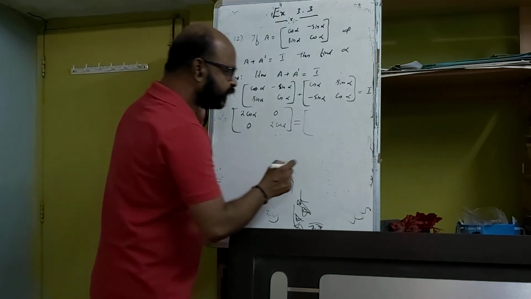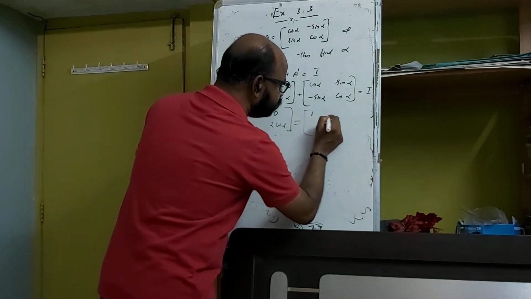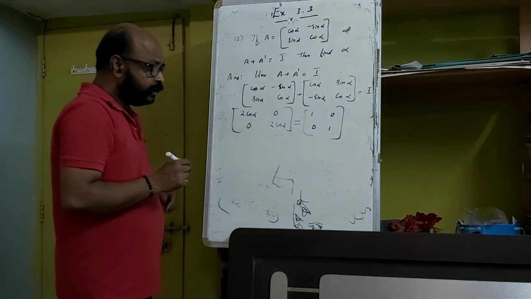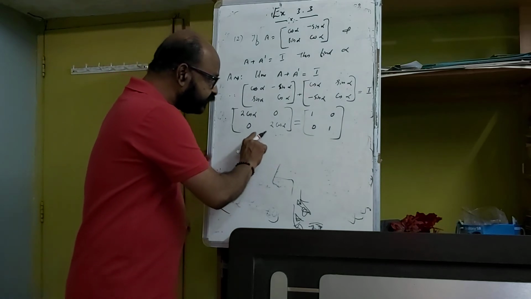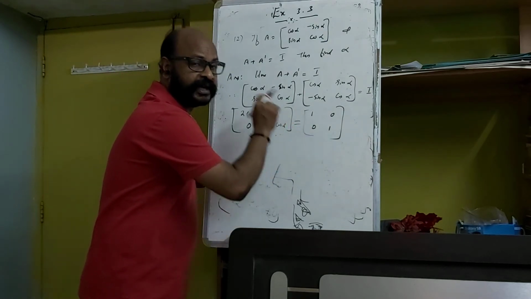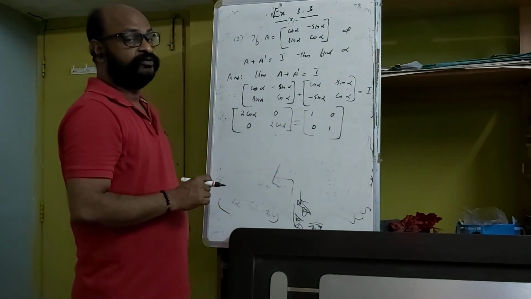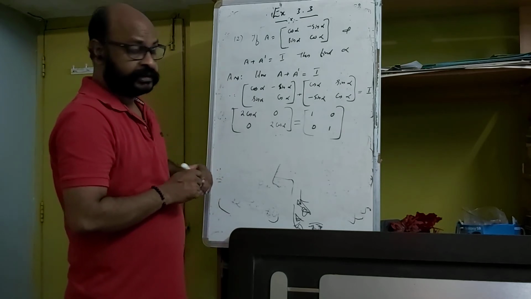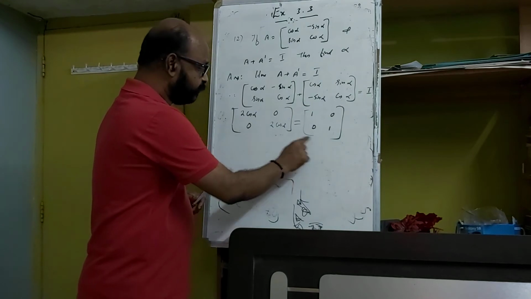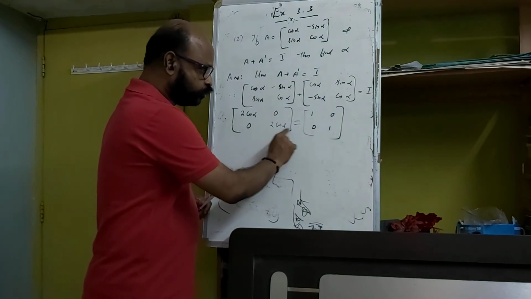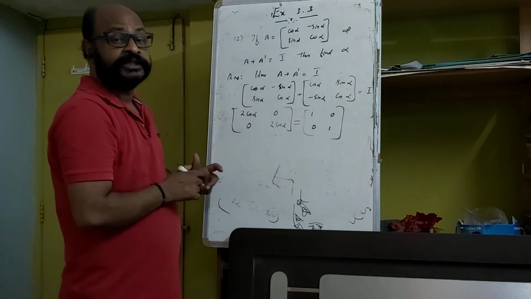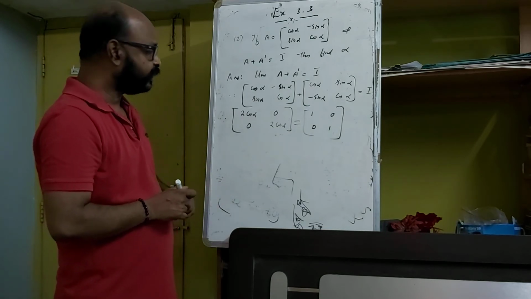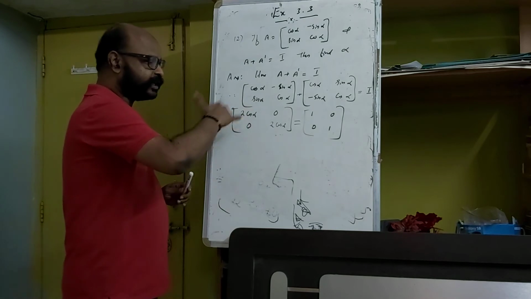Okay, so I can be written as matrix 1, 0, 0, 1. Now here we reach the equality of two matrices. We know that two matrices are equal only when their orders are same, yes, the matrices are of order 2 by 2, and the corresponding elements are equal. So we equate the corresponding elements.